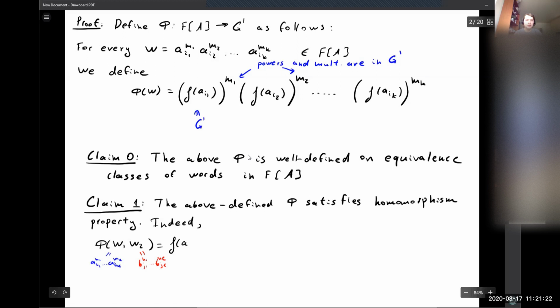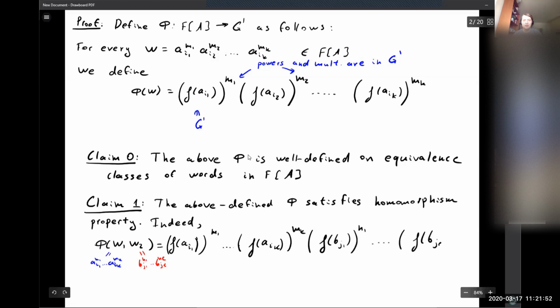So the result will be f of A_{i1} to the power M1, all the way to f of A_{iK} to the power MK, and finally f of B_{j1} to the power N1, all the way to f of B_{jL} to the power NL.